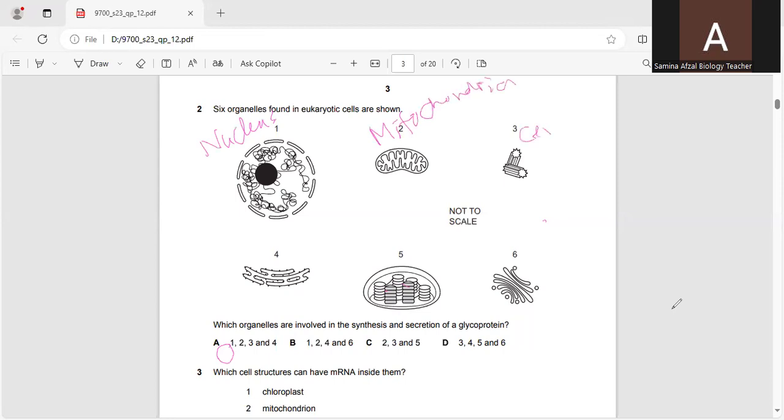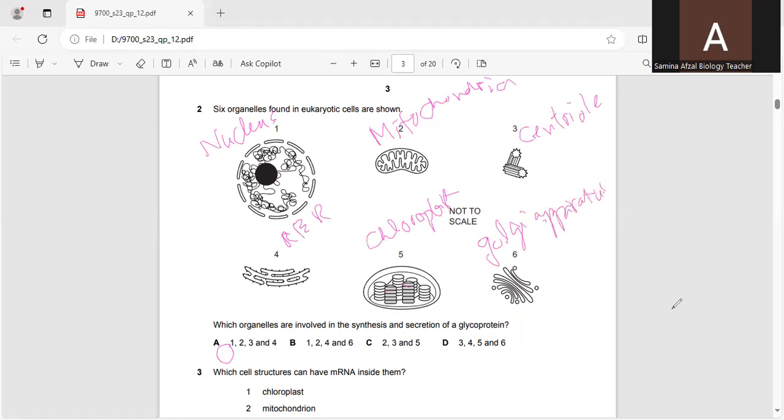Number 3 is centrioles. Number 4 is rough endoplasmic reticulum, then chloroplast, and at last Golgi apparatus.